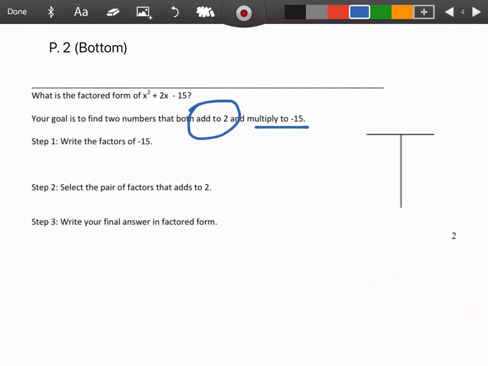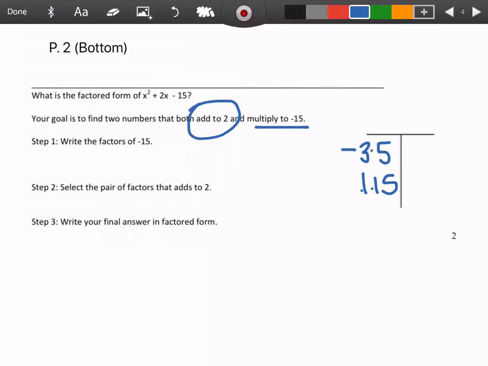So think of the factors of 15. If you think back to that first example, factors of 15, we had 3 times 5 and 1 times 15. But that doesn't give us a negative 15. So make one of these numbers negative. Negative 3 times 5, that's negative 15.